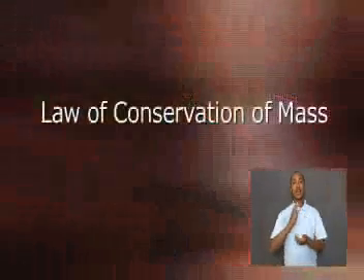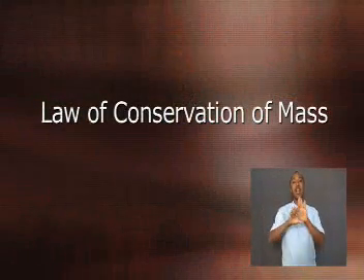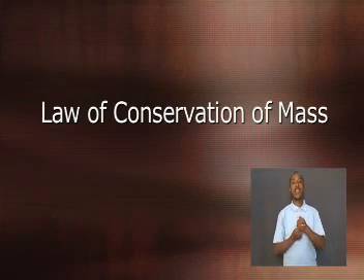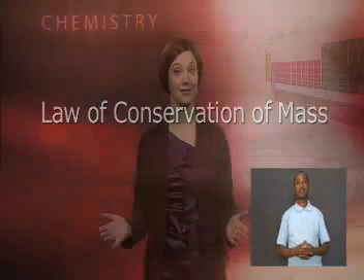In our last lesson, we learned about the law of conservation of mass, which was first discovered by French chemist Antoine Lavoisier. We learned that mass cannot be created or destroyed in a simple chemical reaction.